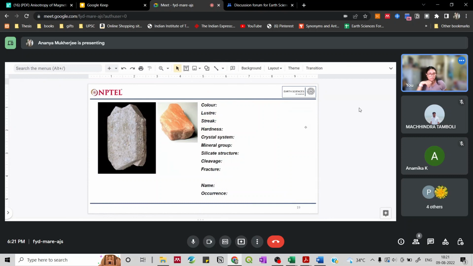Okay. So now we come to mineral classification and identification. Can you see the mineral over here, the mineral which is in the black background? Can someone just look at it and try to guess which crystal system it will be: cubic, tetragonal, hexagonal, orthorhombic, monoclinic, or triclinic?